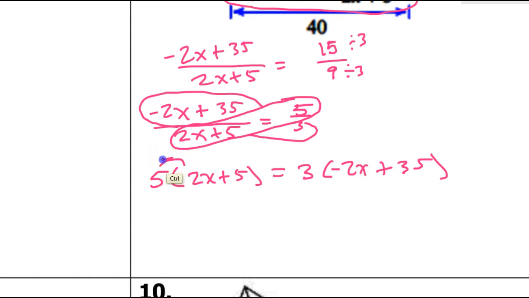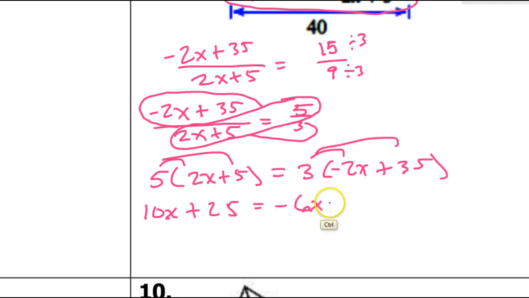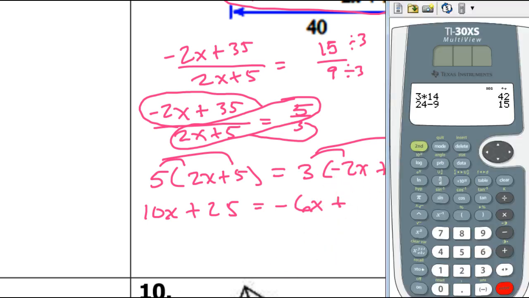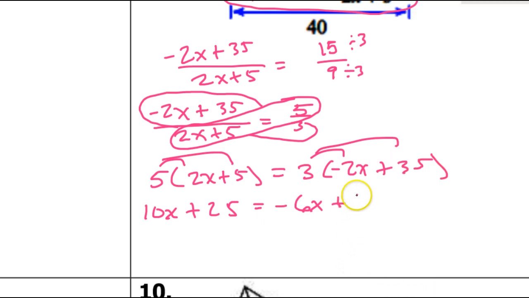If I do the distributive property, I'm going to get 10x plus 25 equals. Distributive property again, that's negative 6x plus 3 times 35, and that's 105.